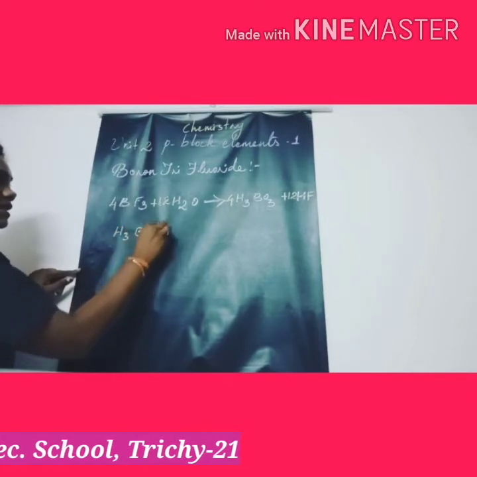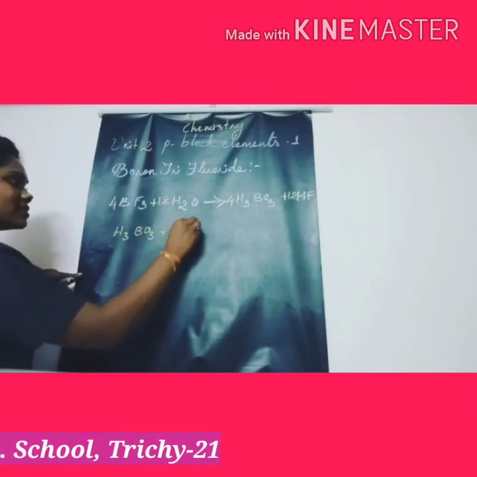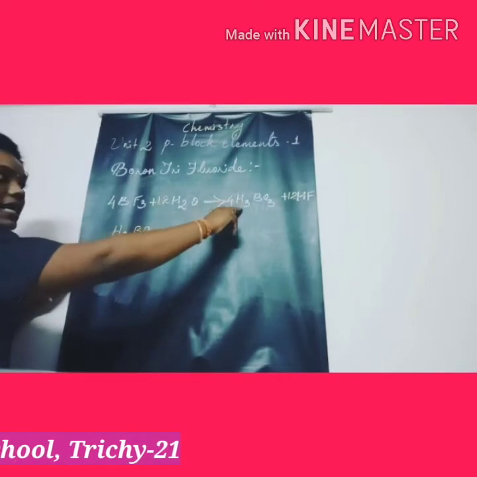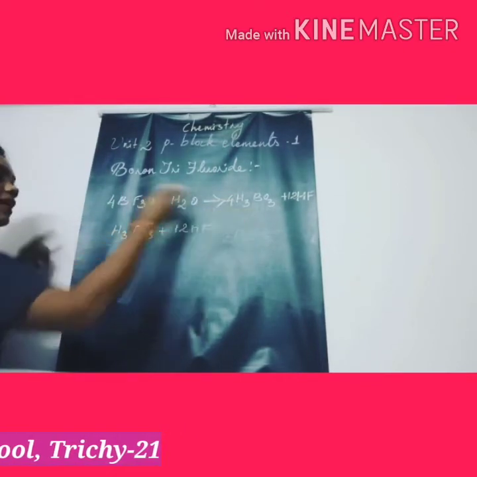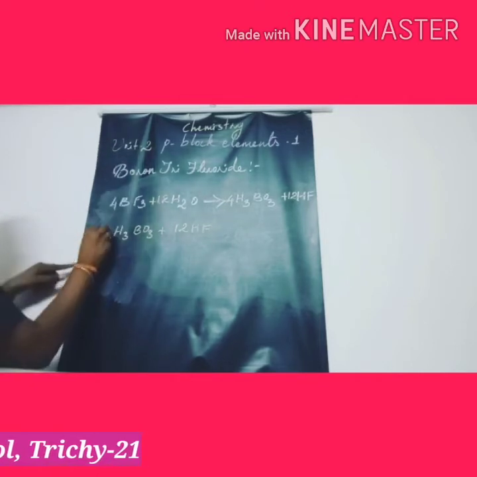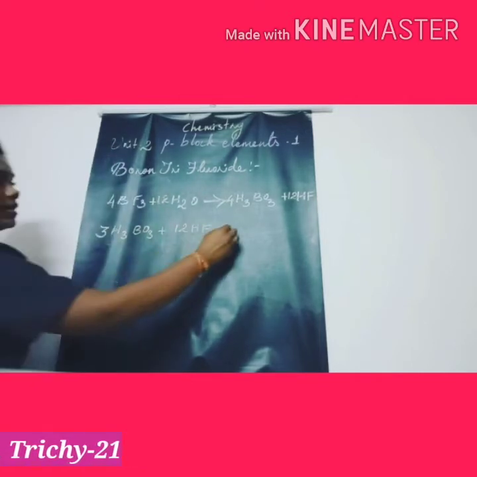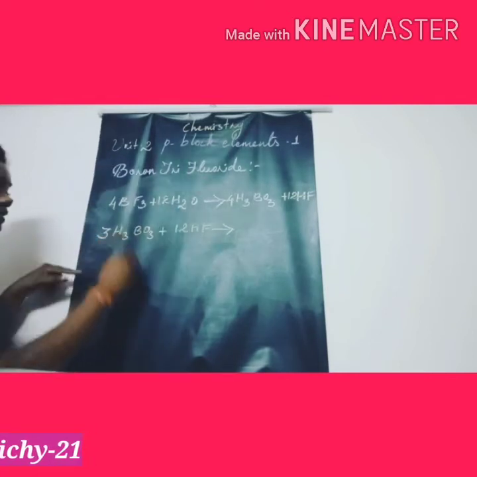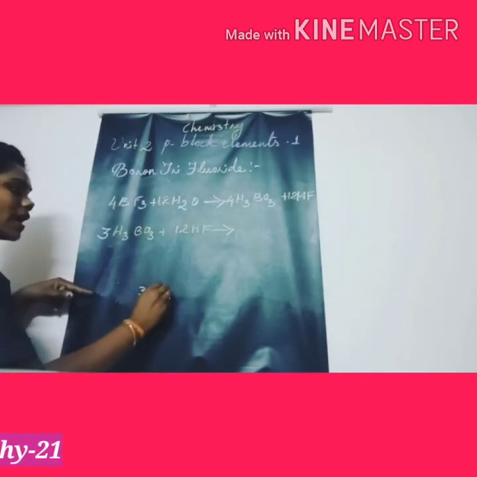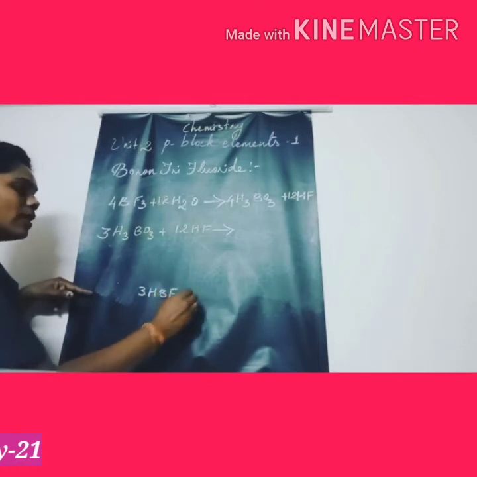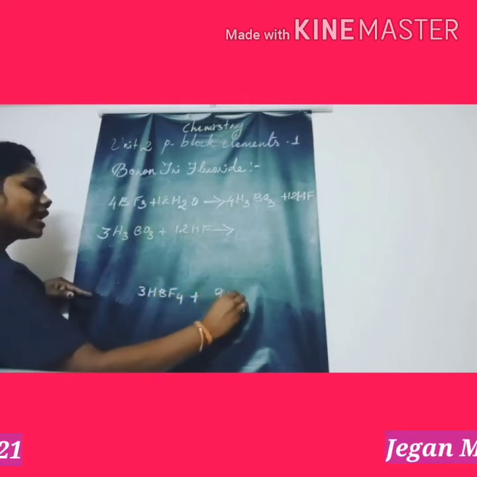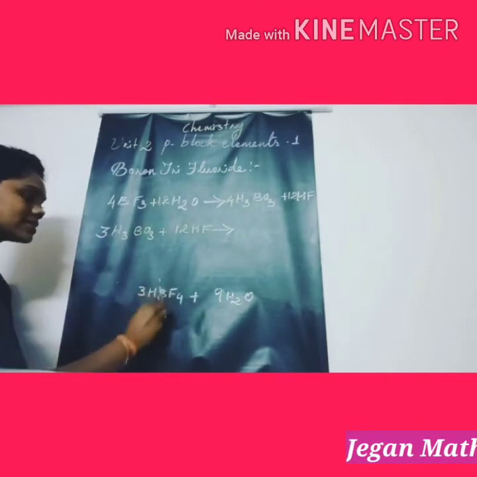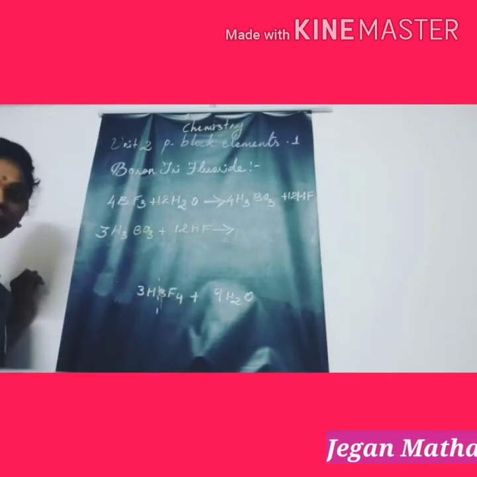And the next equation: H3BO3 plus 12 times hydrogen fluoride. But here the product is 4 times H3BO3, boric acid is formed. But I take 3 times boric acid here. It is converted into, what is the product formed here? 3HBF4 plus 9 times H2O is formed here. I write like this. So this is the cation part, this one is the anion part.